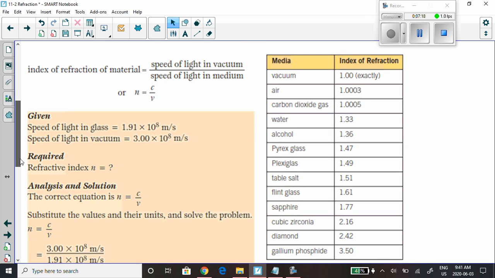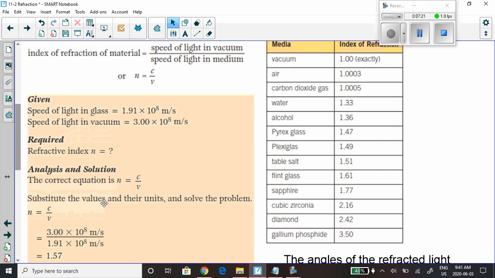So you plug these two speeds into this equation: the numerator, the speed of light in emptiness, in a vacuum; the denominator, the speed of light in a material, and each has their own symbol. n, index of refraction; c, speed of light in vacuum; v, speed of light in a particular material. You plug in the values that you know, you do your dividing, and you get 1.57.